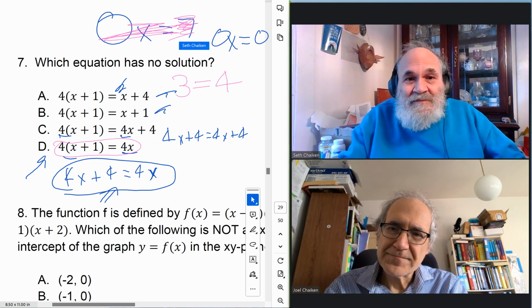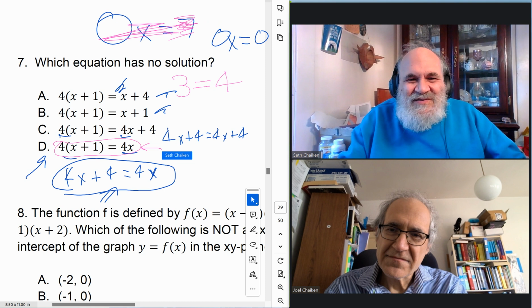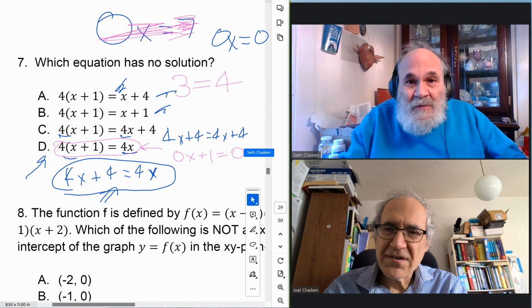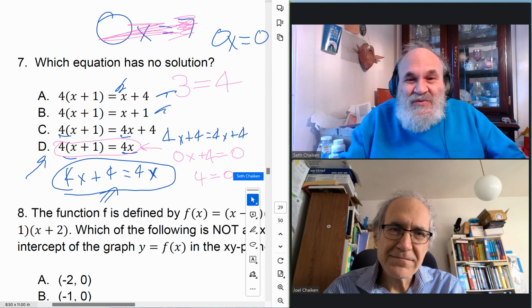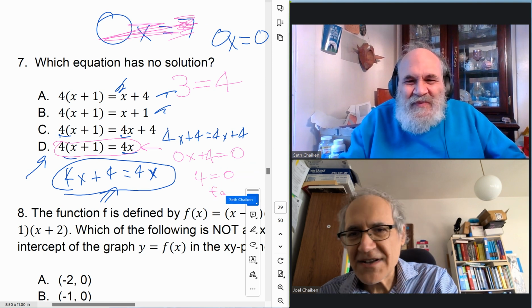Simplify this, and what you get is 0x plus 4 equals 0, which then simplifies to 4 equals 0, which is not true. Which is false. So that means there's no solution.